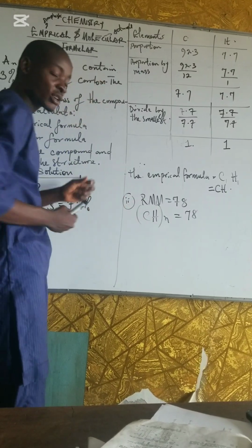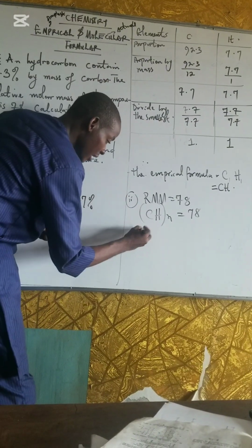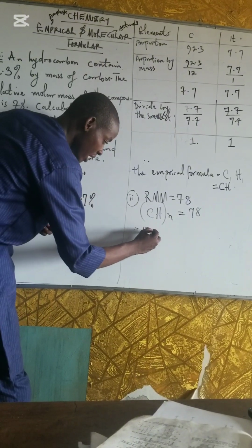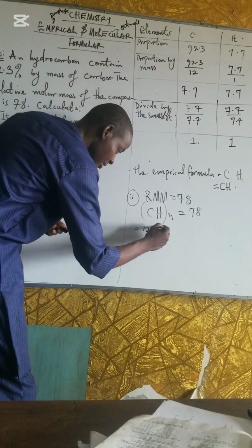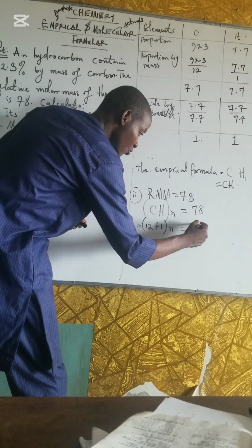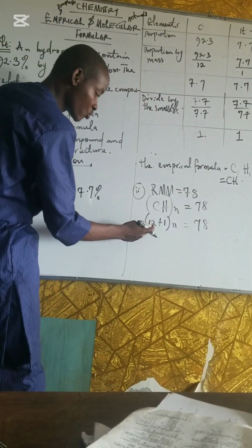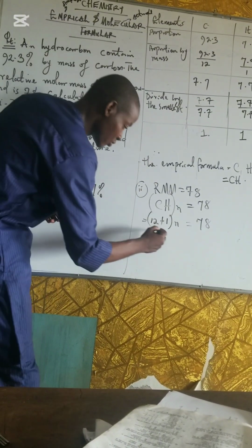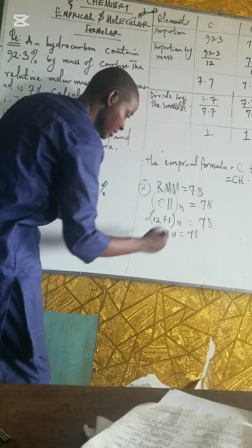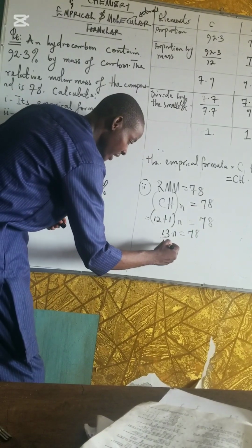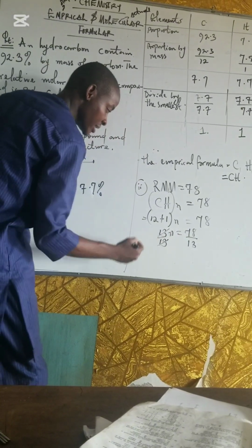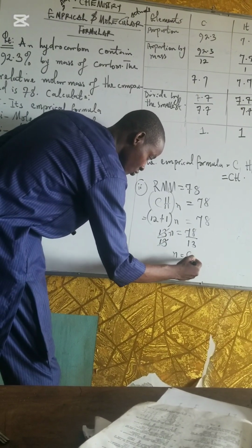So let's represent N by the actual number. So we have the relative atomic mass of carbon is 12, and that of hydrogen is 1, multiplied by N, which is going to be equals to 78. Now 12 plus 1 is equals to 13. So 13N equals 78. Divide both sides by 13 so that you can get your N. N will be equals to 6.